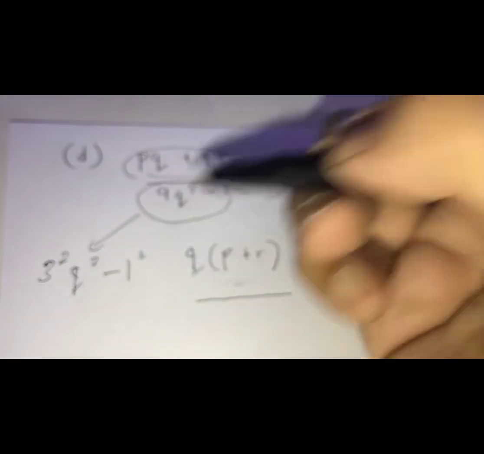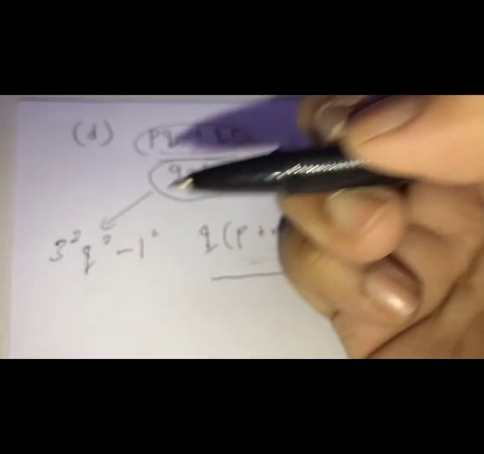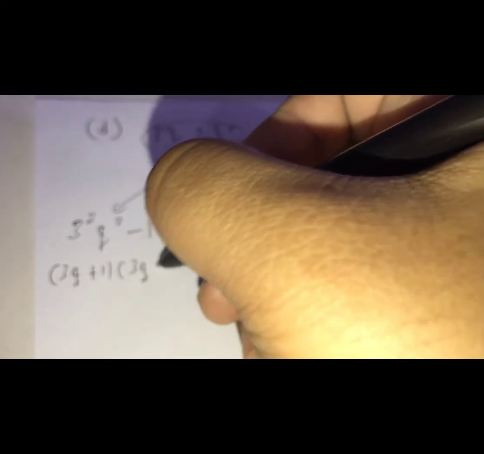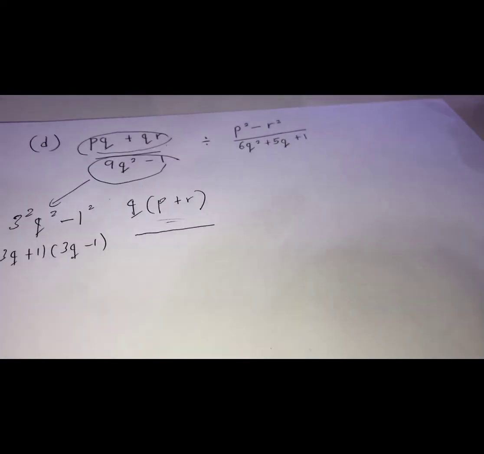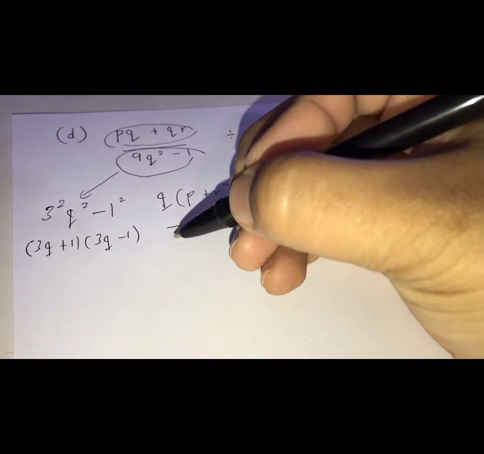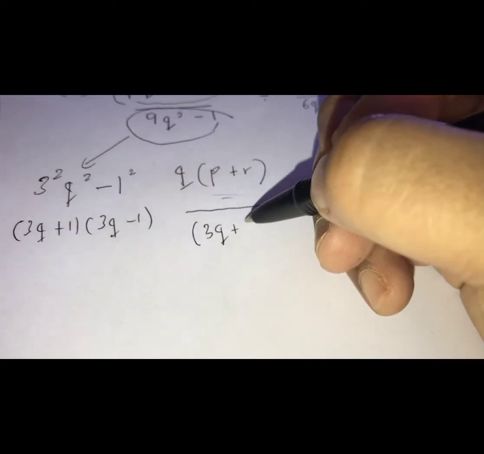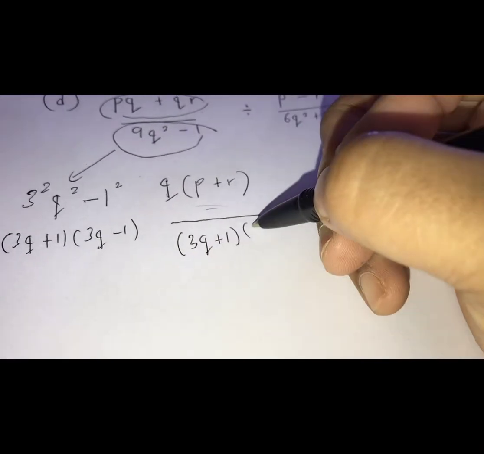So you will get (3Q plus 1)(3Q minus 1). So you can write here (3Q plus 1)(3Q minus 1).